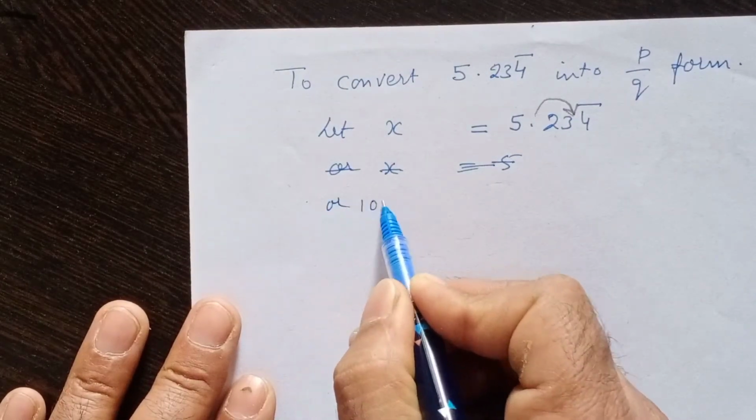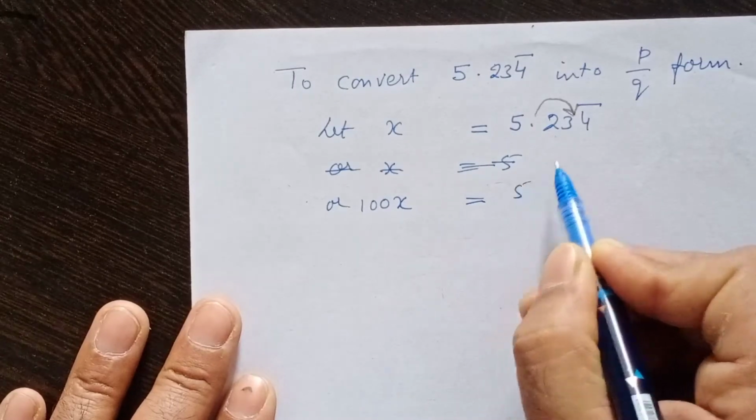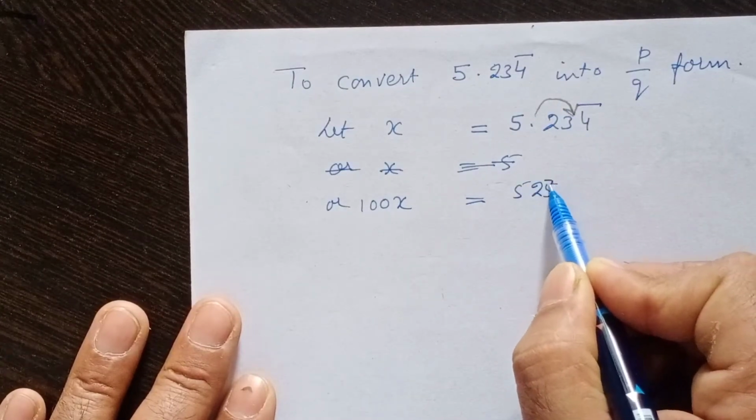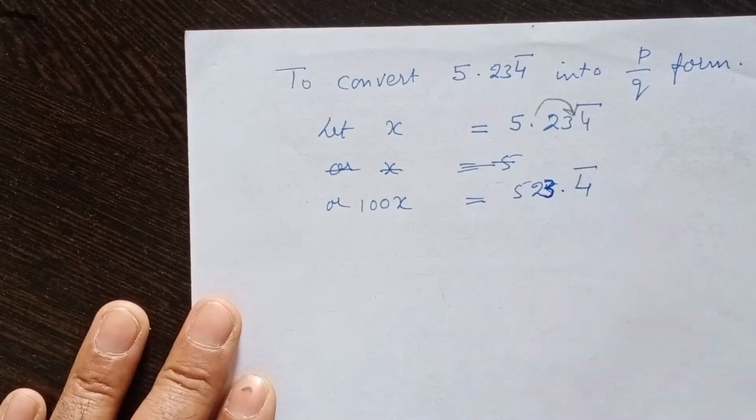So 100x, we have multiplied with 100. So the decimal is coming here. So we have now got 523.4 bar.